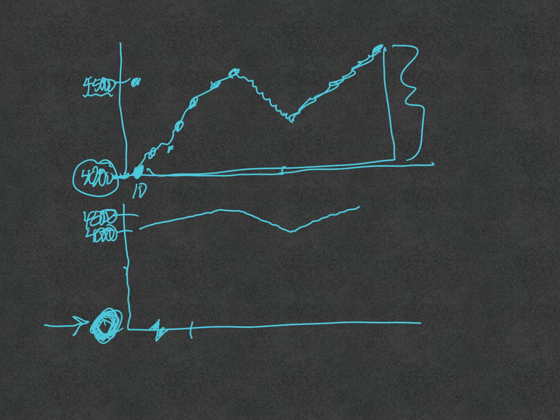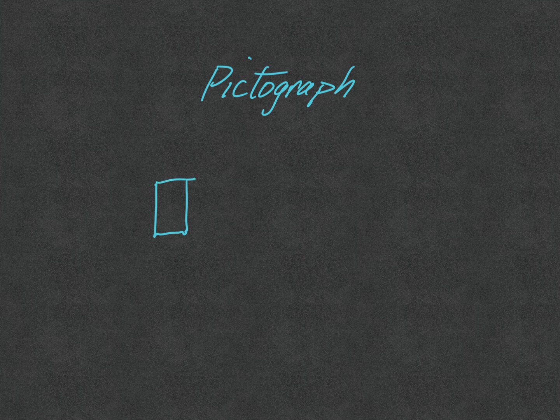Okay? Now, the other thing that is really deceptive is the pictograph. And that's when you use a picture to illustrate something. So, for instance, really easily here, suppose my picture is of a milk carton. So I have a milk carton here, and let me, I'm not sure I can draw milk cartons.